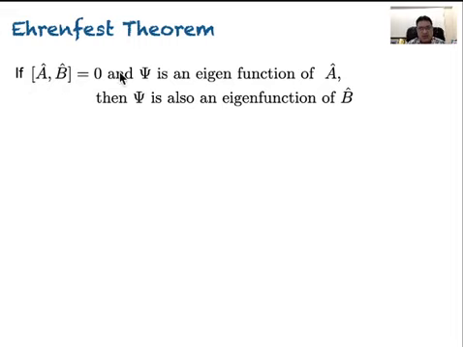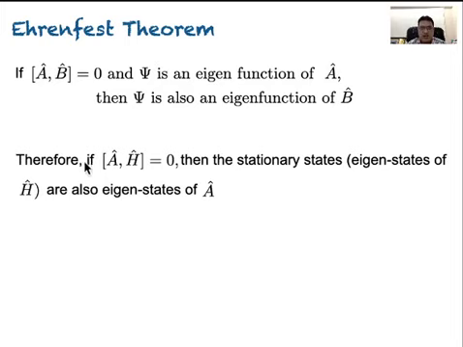Then it means that if psi is an eigenfunction of A, then psi is also an eigenfunction of B, which means A and B possess common eigenfunctions. Now if I take the operator A with the Hamiltonian and this commutator is 0, then I can say that the stationary states, or the eigenstates, of this Hamiltonian are also the eigenstates of A.